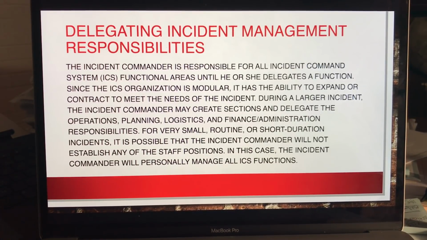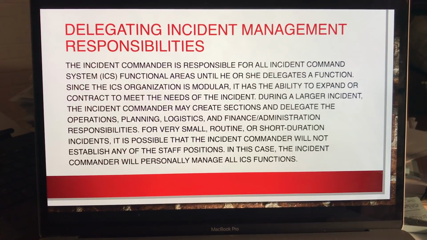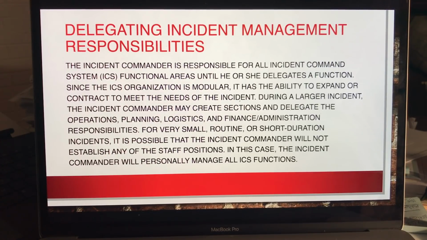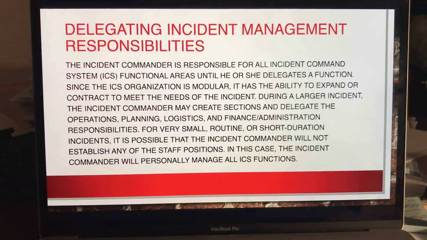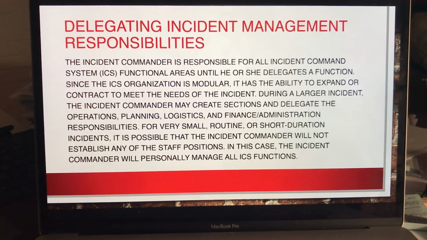Delegating incident management responsibilities. The incident commander is responsible for all incident command system functional areas until he or she delegates a function. Since the ICS organization is modular, it has the ability to expand or contract to meet the needs of the incident.